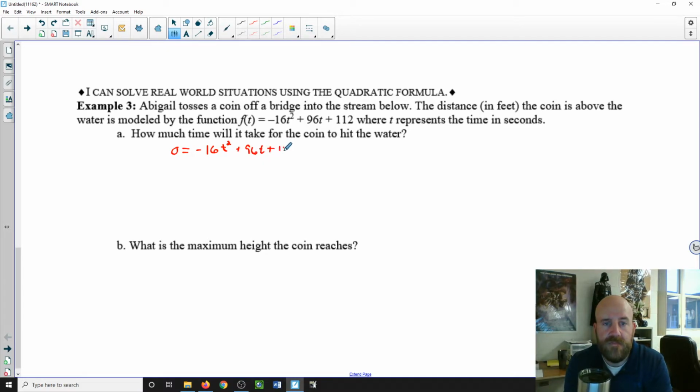Plus 112. All right, so now we can go ahead and plug it into the quadratic formula.